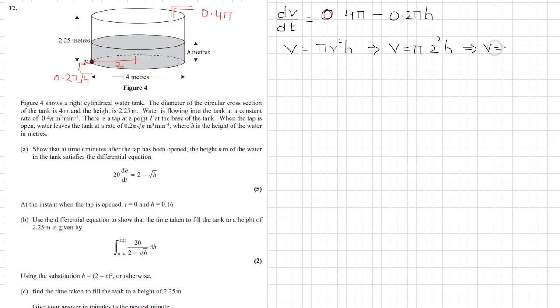So V is equal to 4 pi h. That is the volume. So dV over dh. You have to keep in mind that we have to come near this dh over dt. So we have dh and we have dt here. So this is 4 pi.